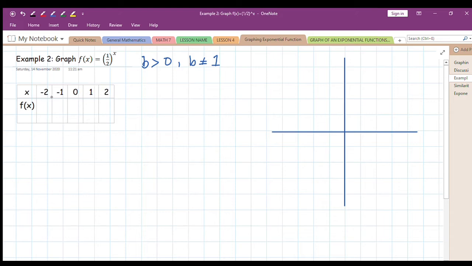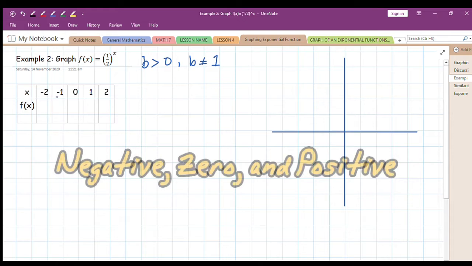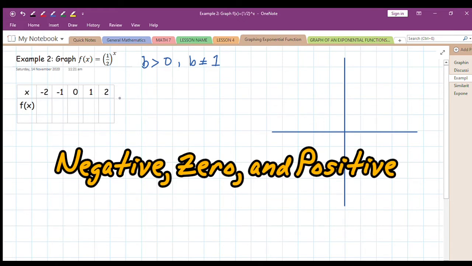So dito po sa mga nakuha nating x value dito, makukuha natin yung trends ng ating graph or the behavior of our graph because meron tayong tatlong classification ng integers, the negative, 0, and then the positive number.